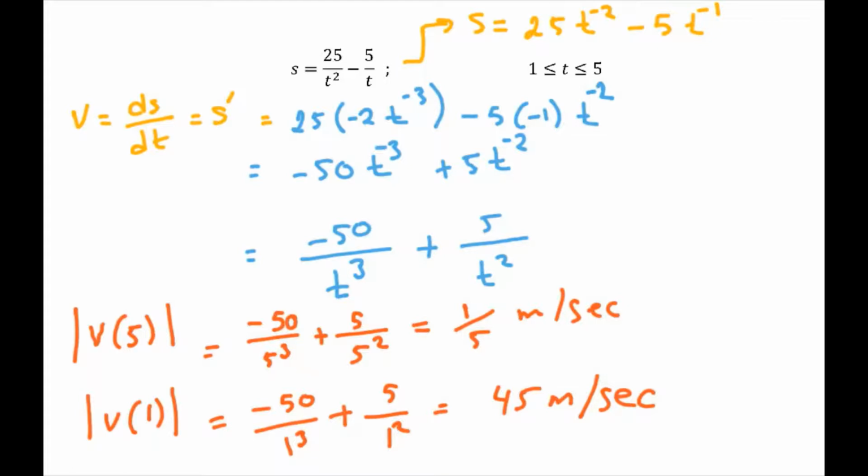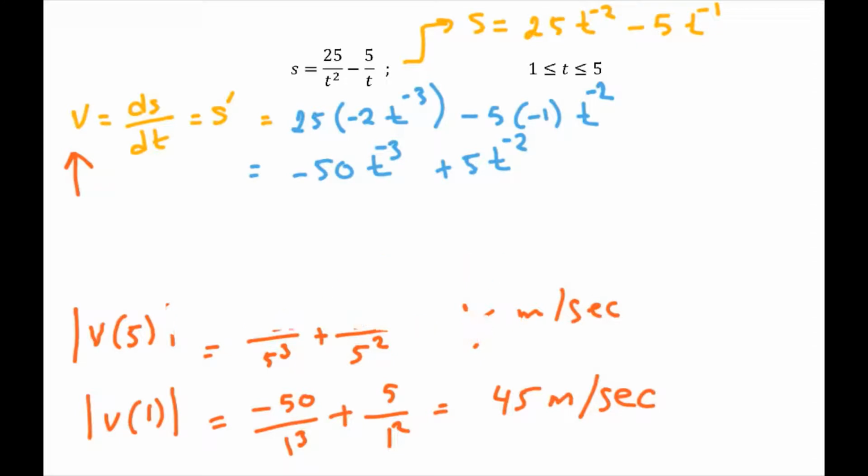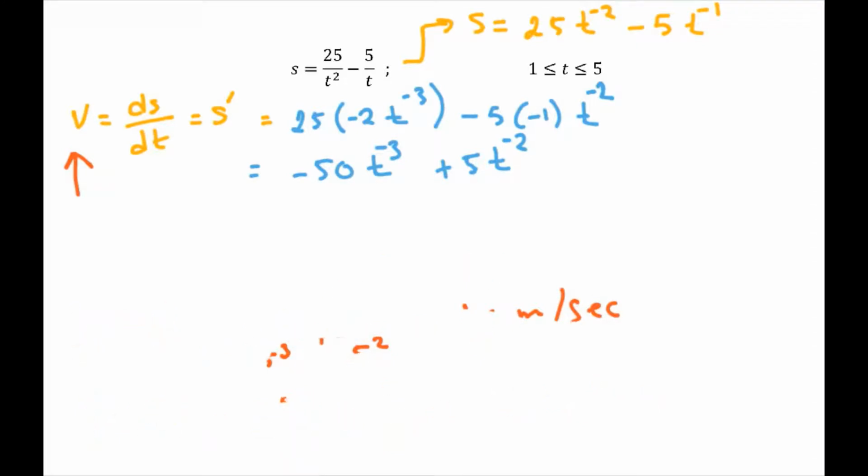Now, in order to find the acceleration at the endpoints, we are going to take the derivative of the velocity. So I'm going to start with this step here, and I will find the acceleration by taking the derivative.